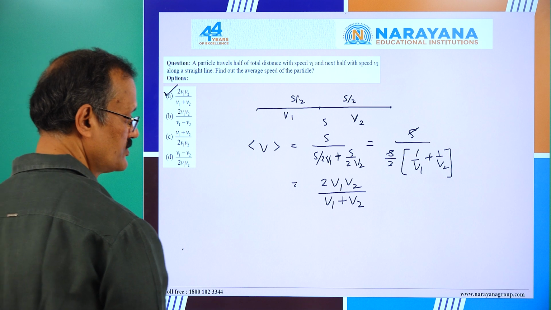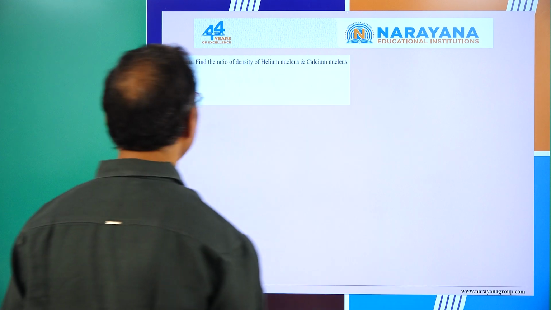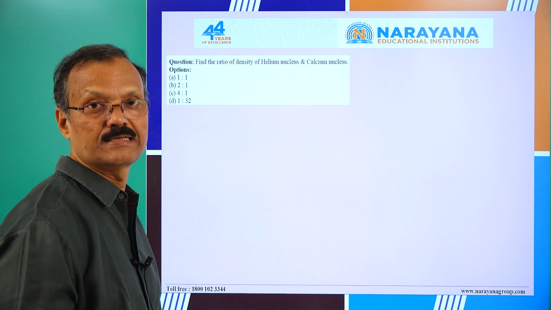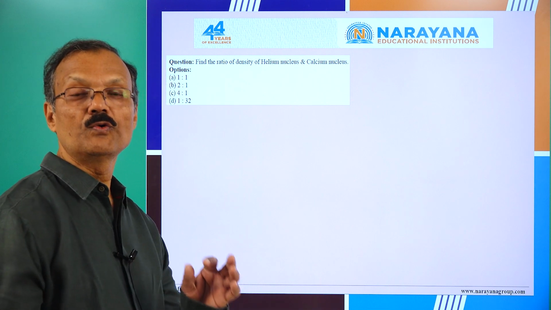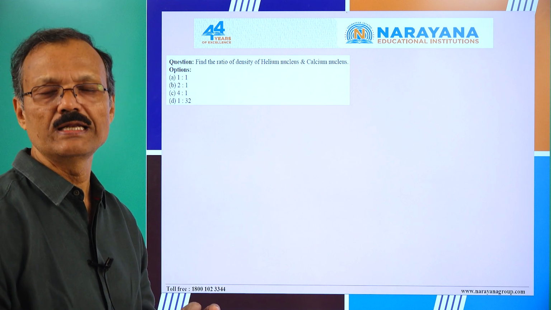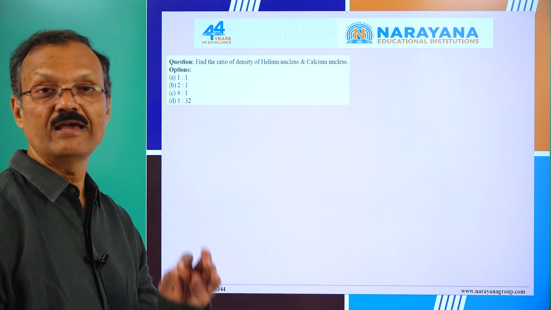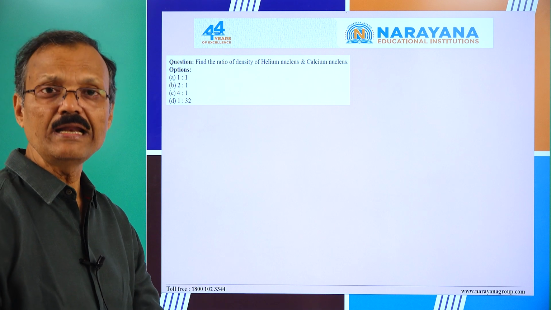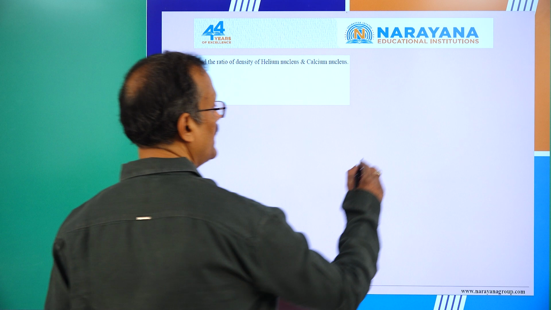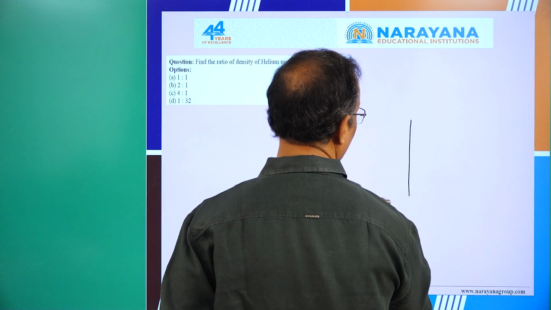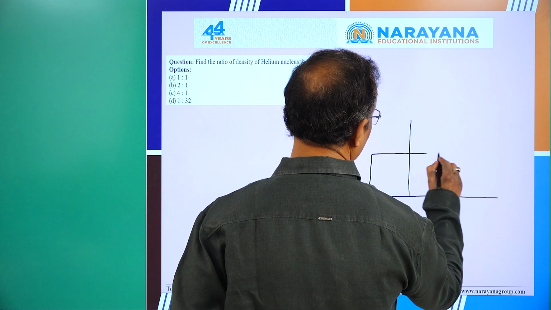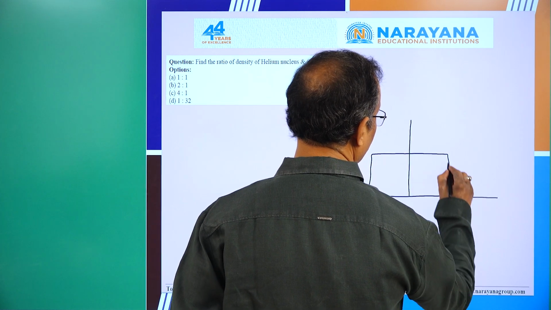Now let us move to next question. Find the ratio of density of helium nucleus and calcium nucleus. See, nuclear density, except for very, very lighter nuclei or for very, very heavy nuclei, for remaining, it will always remain constant. If you are taking the graph, already you know, the nature of graph goes like this for nuclear density.